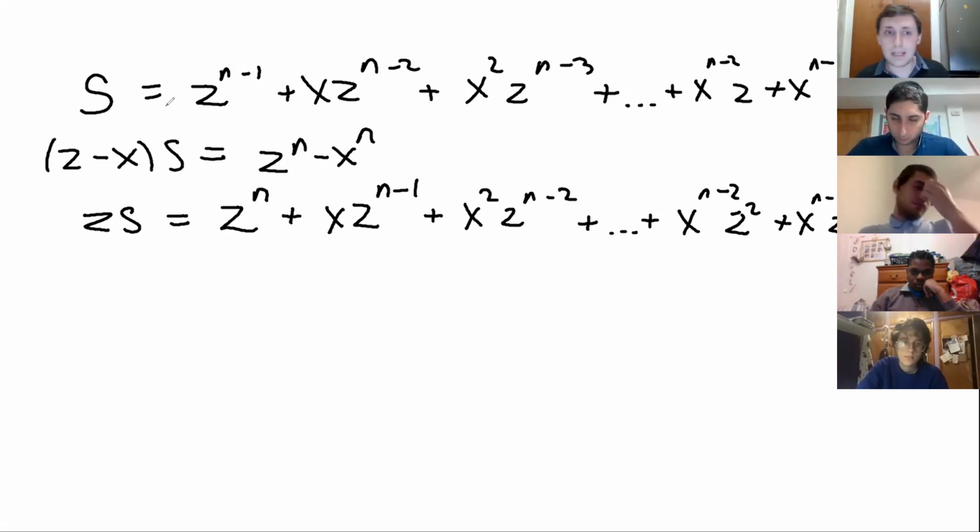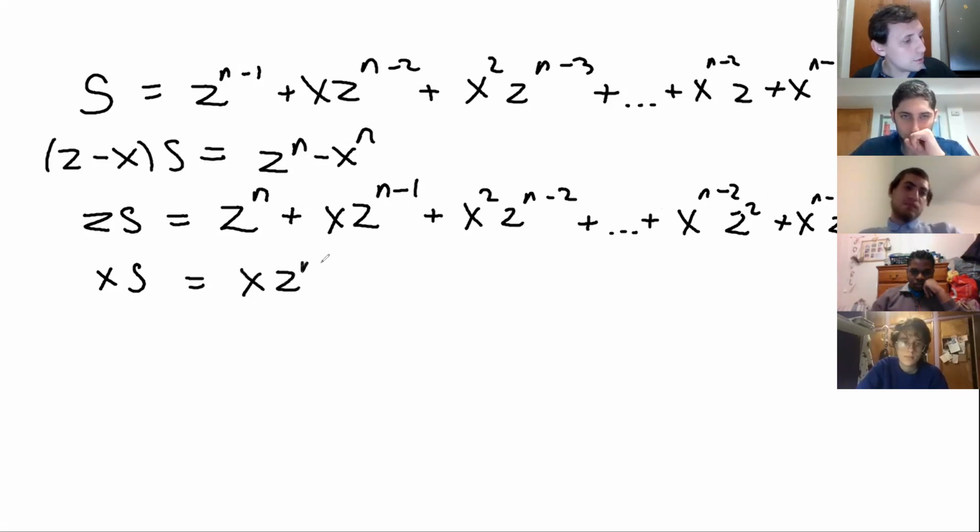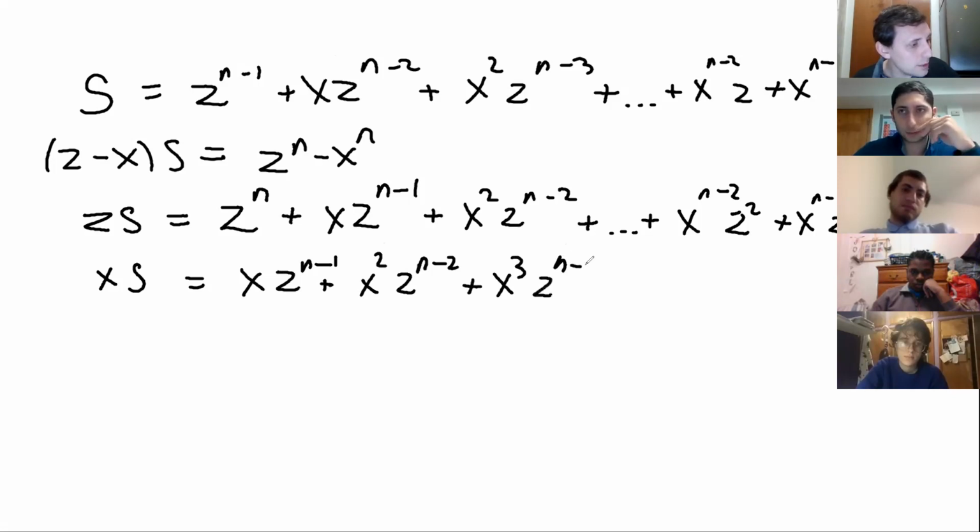And then I do the same thing, the top line I multiply by X. So X times S, it's what? It's X Z to the n minus 1 plus X squared Z to the n minus 2 plus X cubed Z to the n minus 3.